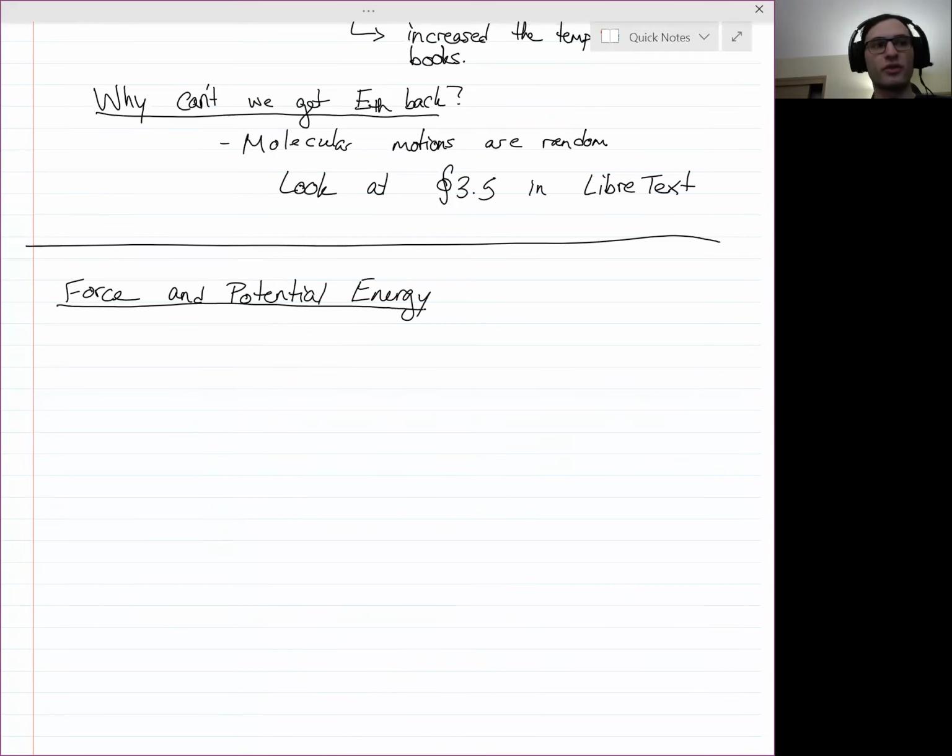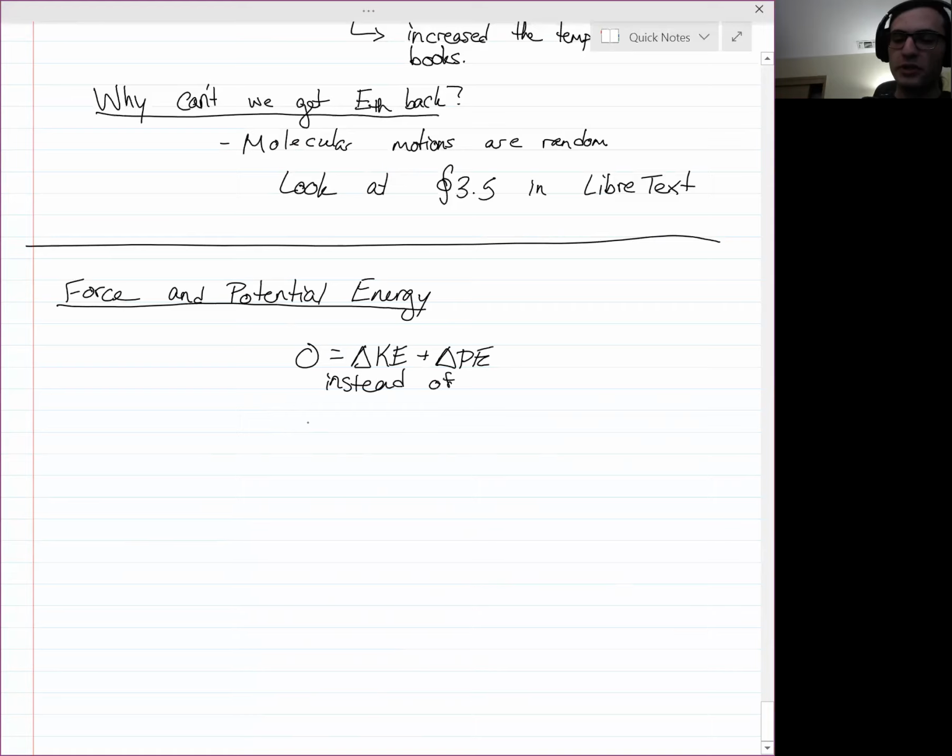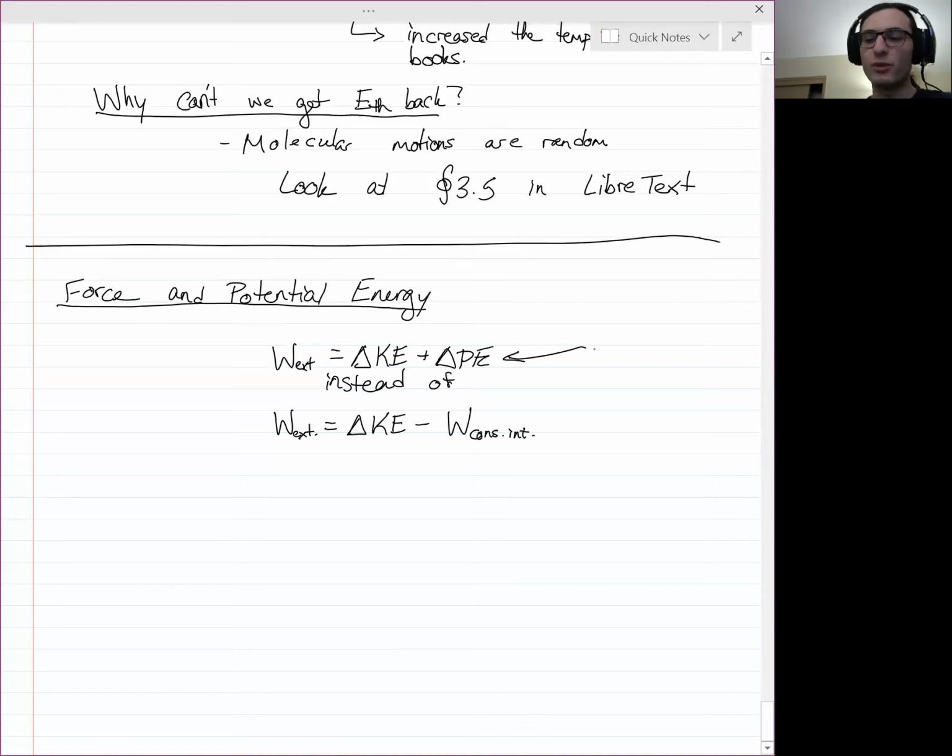Instead of having to do any sort of integral, we can just write that 0 equals delta KE plus delta PE, instead of writing 0 equals delta KE minus work conservative internal, and maybe we even put external work over here. That's certainly easier, because if you already know the formula, then you're just subtracting two numbers rather than doing a full integral. So certainly it is useful.